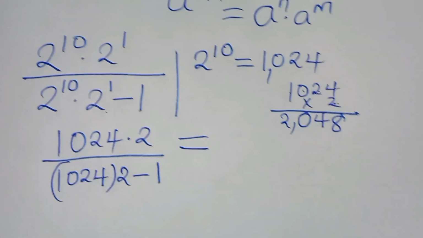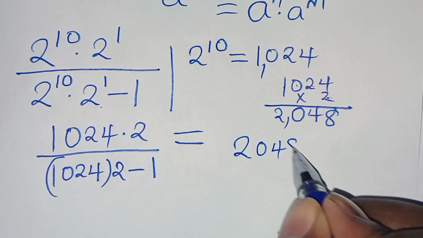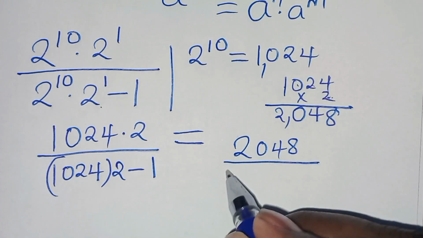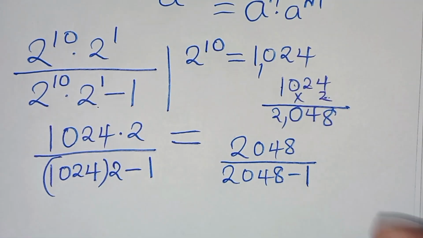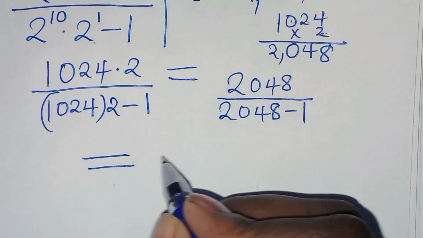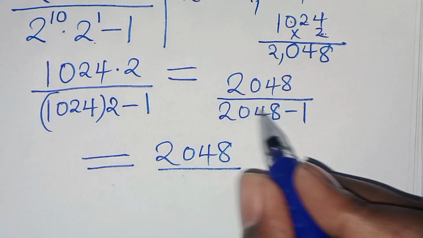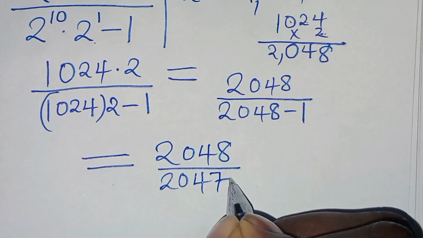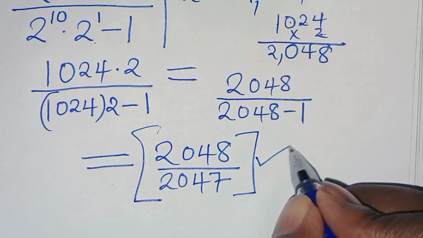So in the numerator part, we have 2048, divided by, in the denominator, 2048 subtract 1. And therefore, we have 2048 divided by 2048 minus 1. This is 2047, and this is the solution to this math problem.